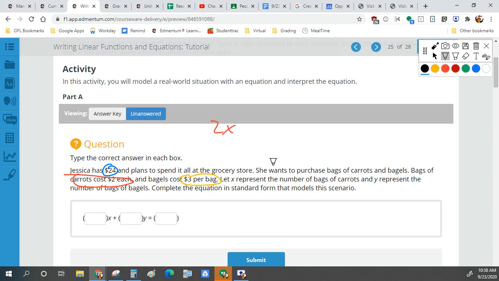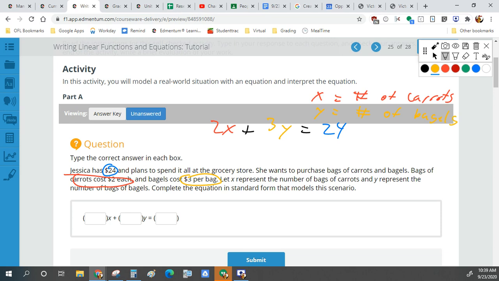So we're going to have this plus $3 per y, and this is going to equal $24. So this ends up meaning that x is the number of carrots and y is the number of bags of bagels, I guess.